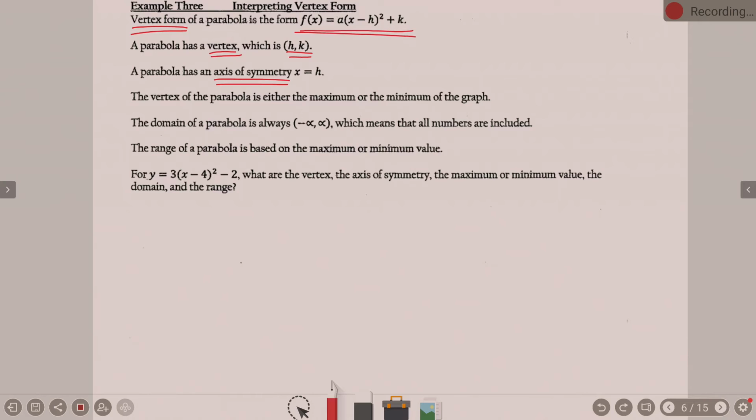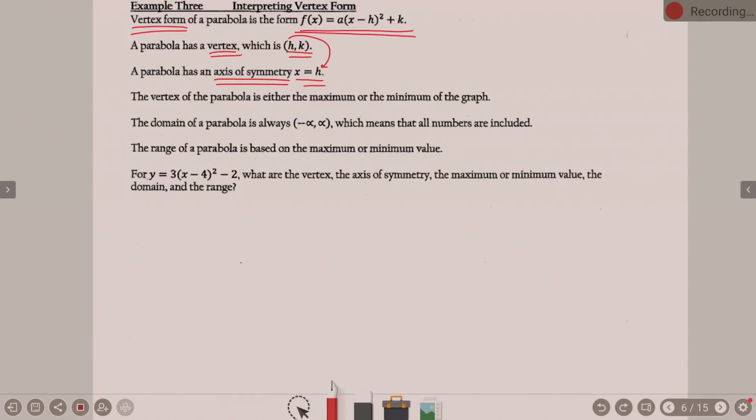We've talked about this, I believe. Maybe I'm confusing my Algebra 1 class. But if you know the vertex is (h, k), then the axis of symmetry is always the first number in the vertex. So it's always x equals whatever that first number in the vertex is. Always, always.